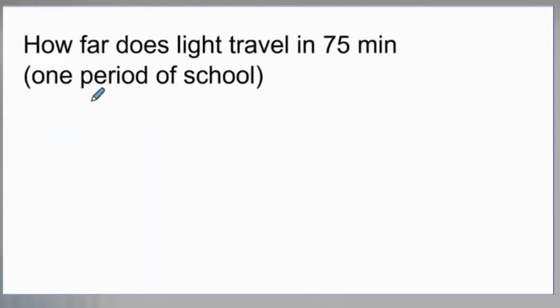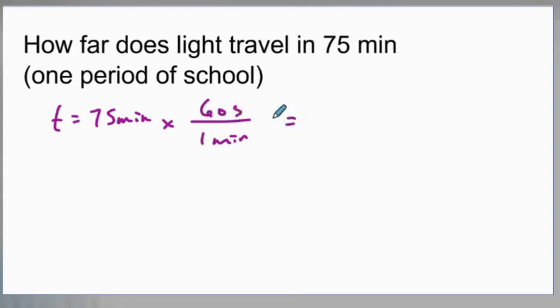Similarly, if I want to calculate the distance that something travels in a certain period of time, I've got a time here of 75 minutes. Once again, I'm going to put that into seconds. I know that 1 minute is 60 seconds, so my time in this problem will be 4,500 seconds.